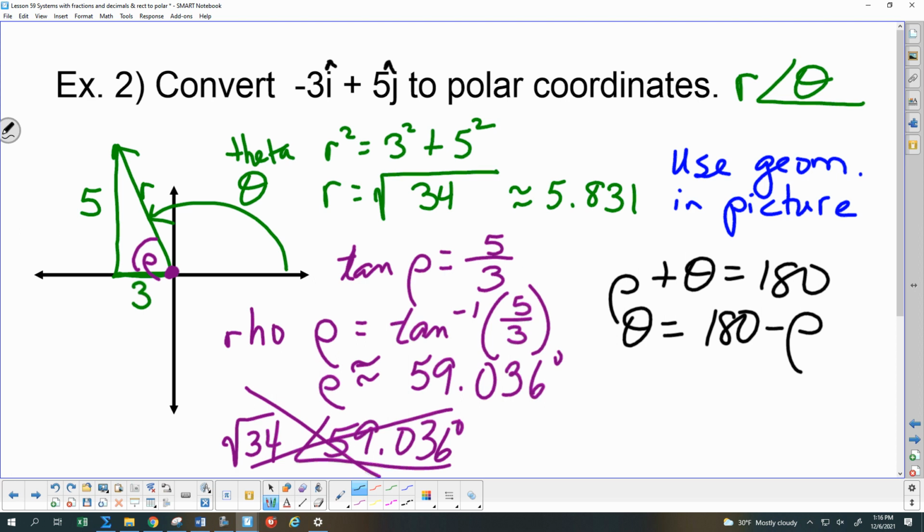And then do 180 minus your stored P. You can say, oh, well, if I just do rho minus 180, I'll have the opposite of what I want. So you can just do minus 180, but only write down the positive answer that you get. Do whichever one of those three ways makes the most sense to you, and raise your hand when you have figured out for me what theta needs to be. Grayson?